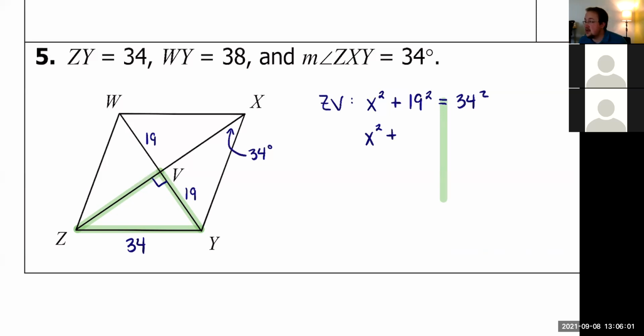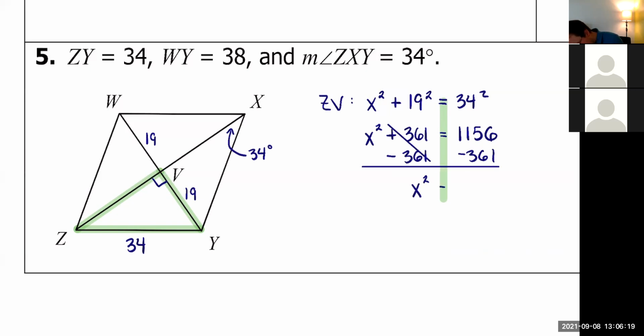What's 19 squared? 361. And 1156 for 34 squared. Subtract 361 from both sides. Get x squared equals 795.